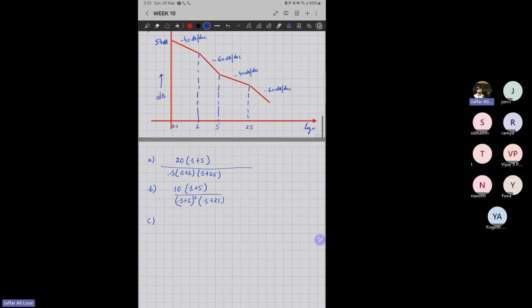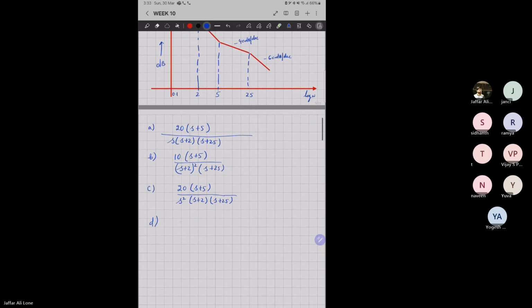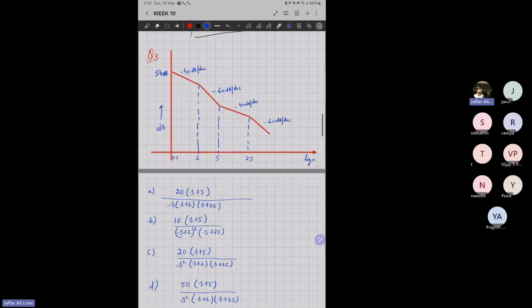My option C is 20 s plus 5 divided by s square into s plus 2 into s plus 25. Similarly, my D option is 50 s plus 5 divided by s square into s plus 2 into s plus 25. Yeah, please solve it.